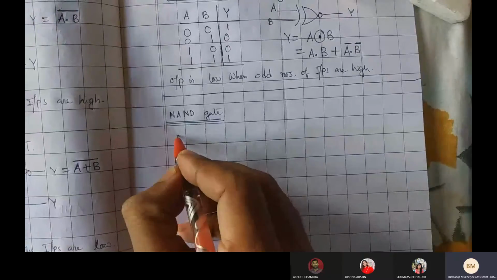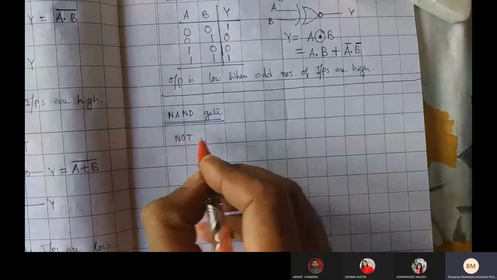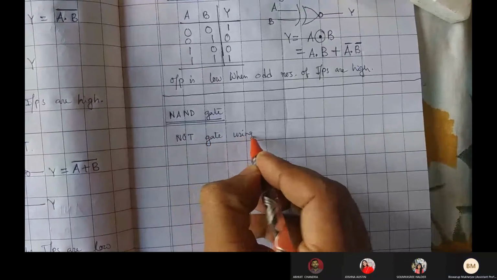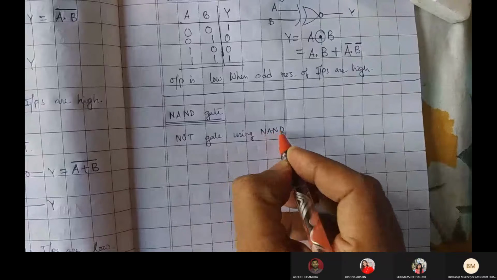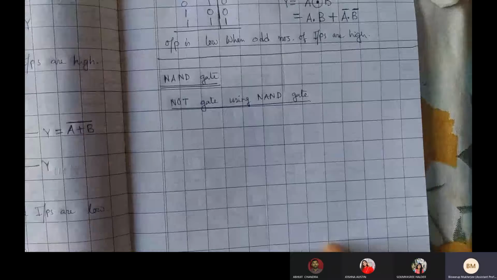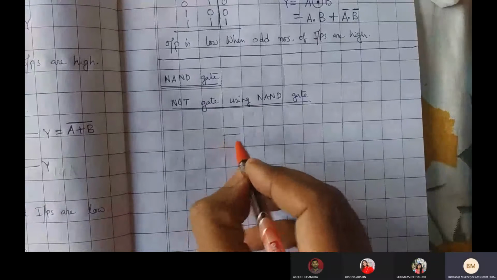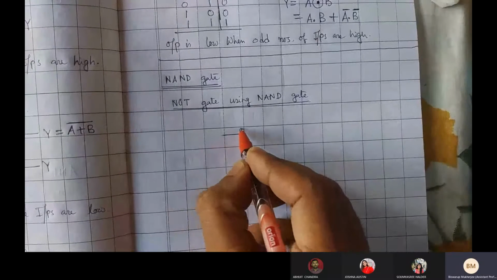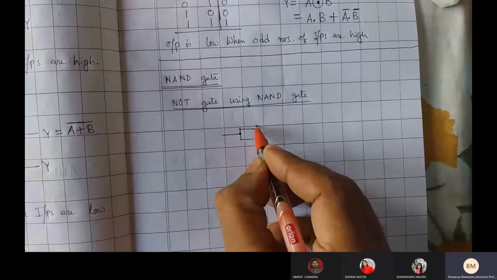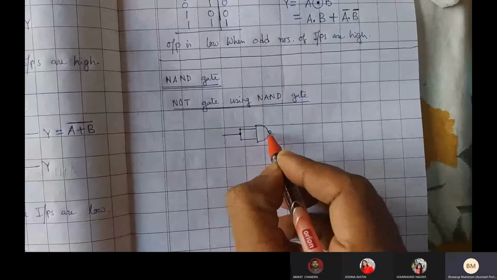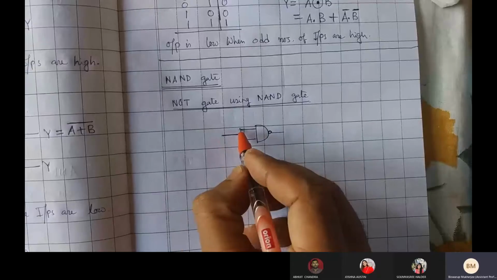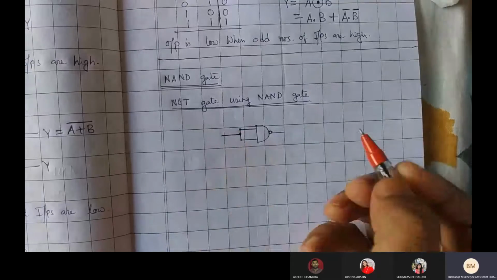The basic gate first to be implemented by NAND is the NOT gate using NAND gate. The very simple thing is that for the NOT gate, you just short those two inputs, so that the single input is shorted to both the inputs of the NAND gate.